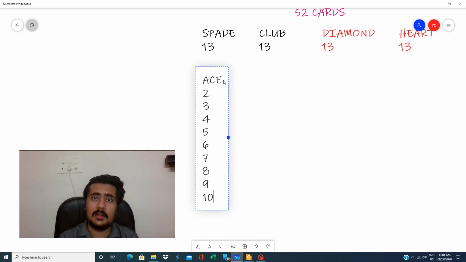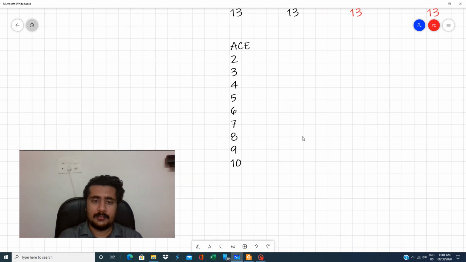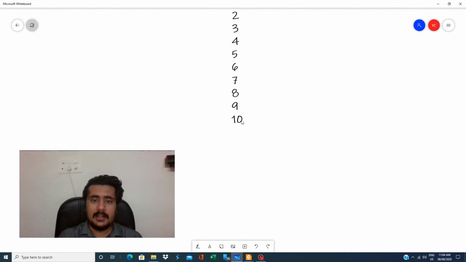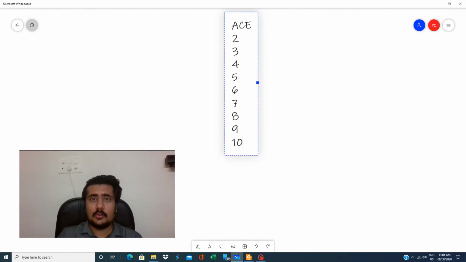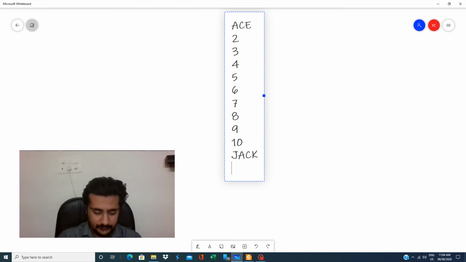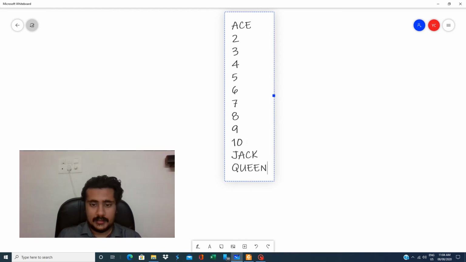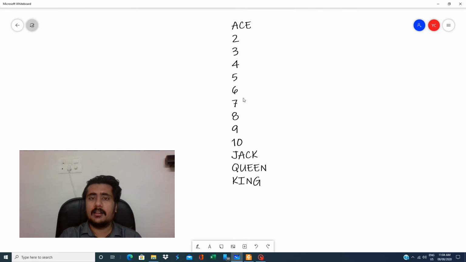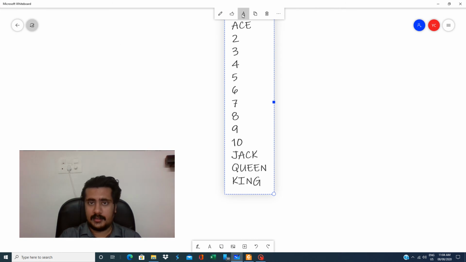There is no number 1; there is ace instead of number 1. Then numbers are 2, 3, 4, 5, 6, 7, 8, 9, 10. After this 10, there is no 11, 12, 13. There are cards called Jack, Queen, and King. So this way there are 13 cards. These are the details of these 13 cards.